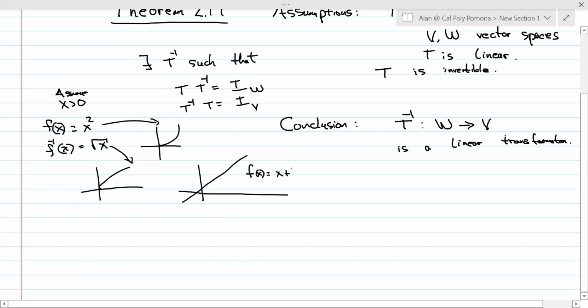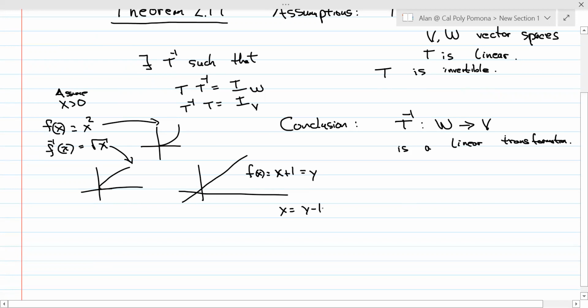So if you had a function, f of x, say it looks like x plus 1. And that's what y is. If you wanted to find its inverse, assuming it exists, you would typically solve for x. So that would tell you that x would be what? y minus 1.